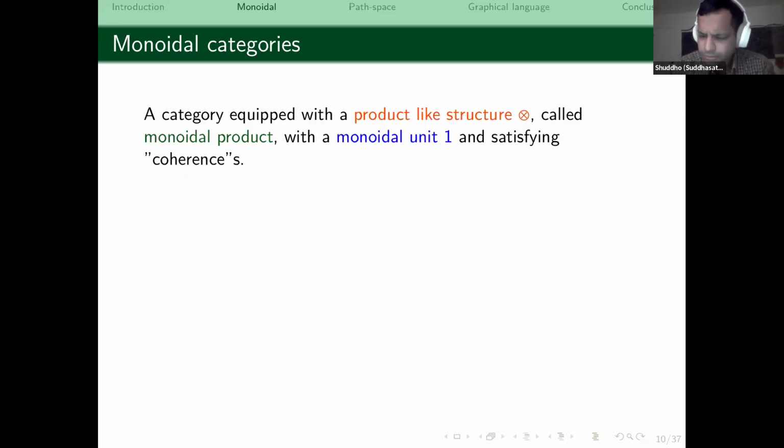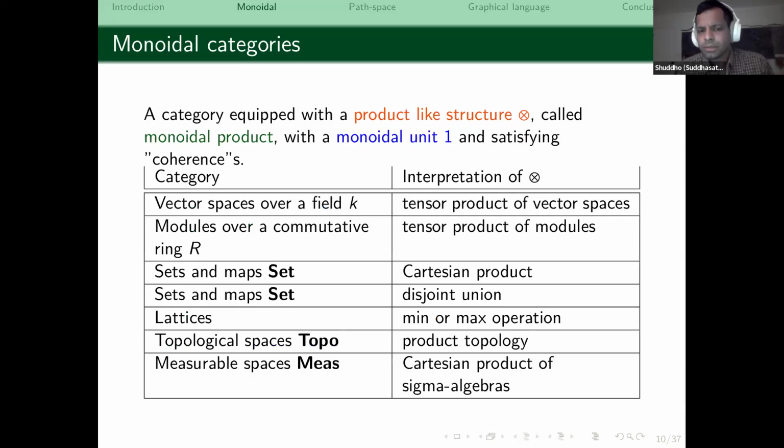So before we get down into description of some familiar dynamical properties, let me explain that just like arrows can be composed with each other, in the usual context that we work with, objects can be composed or joined with each other as well. We call such categories monoidal categories. Here are some examples.